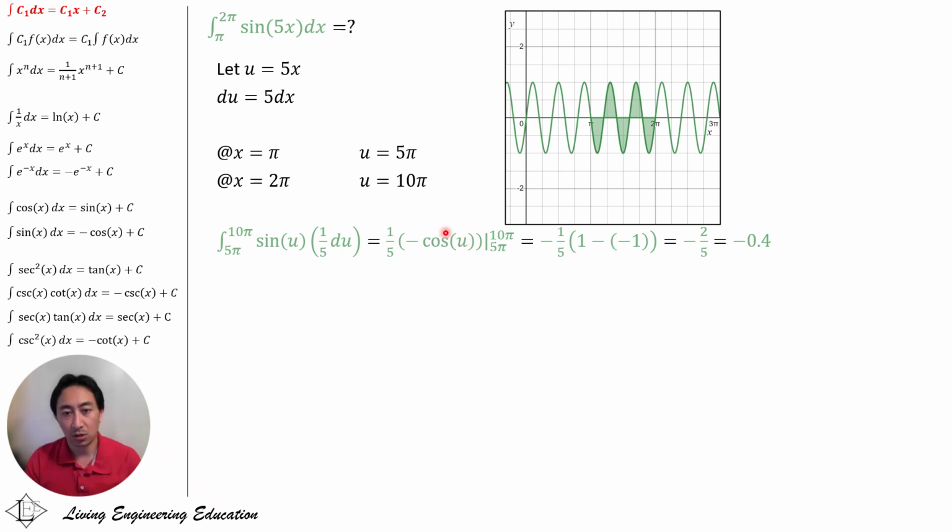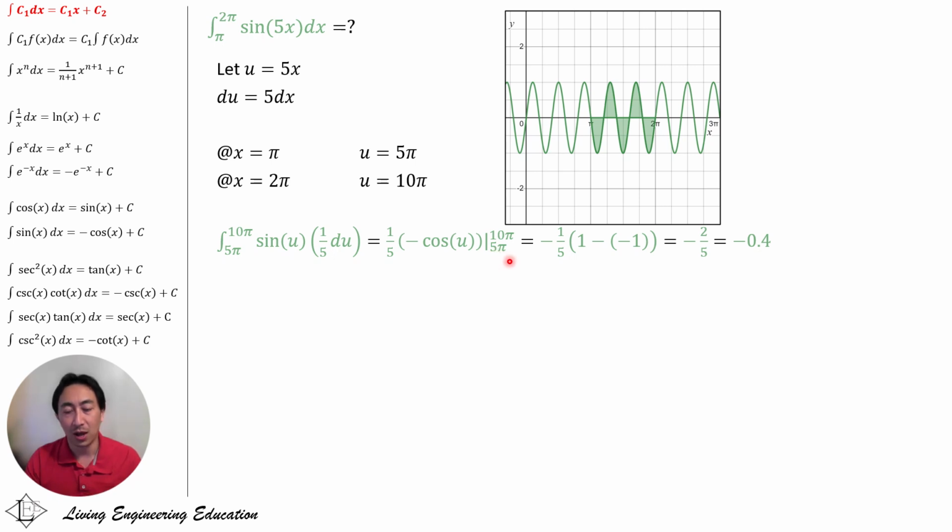Minus the lower limit, cosine at 5 pi. 5 pi is not a multiple of 2 pi. If you go 2 pi, that's one loop. 4 pi, that's the second loop. And then you have one more pi to get to 5 pi, right? So that means cosine of 5 pi is equivalent to cosine of pi.